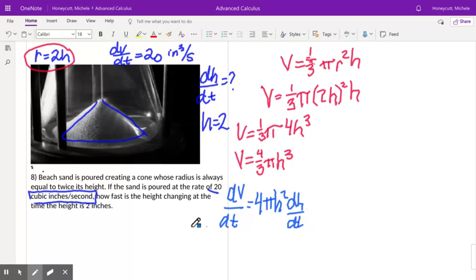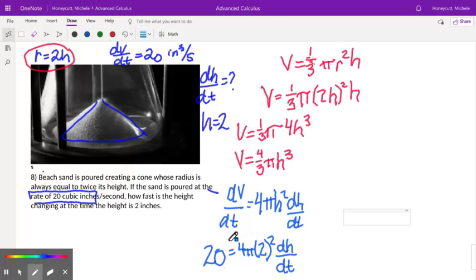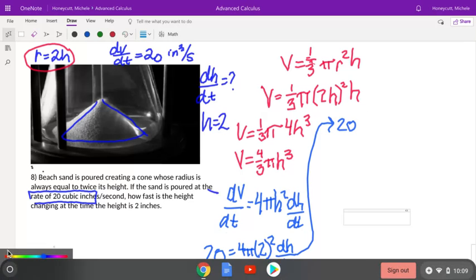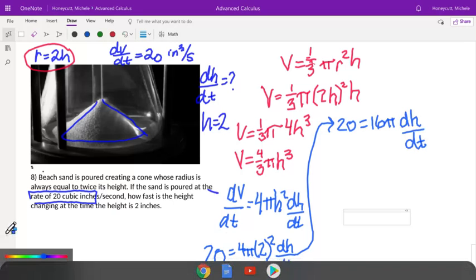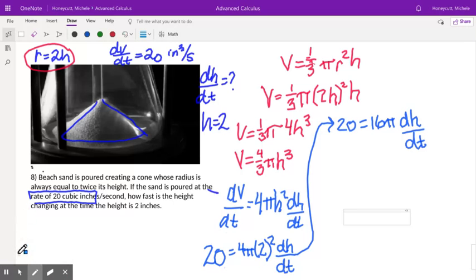Then I can substitute in everything that I know. So I can substitute 20 in for dV/dt, 2 for h, and dH/dt is what I am solving for. So when I simplify that, I'll have 20 equals 16 pi dH/dt.